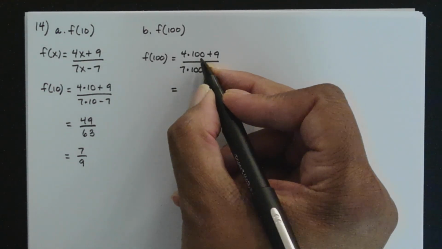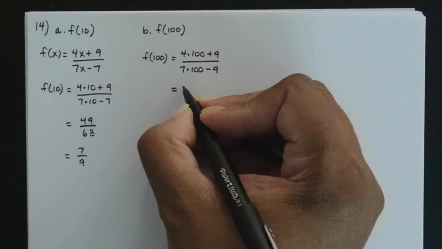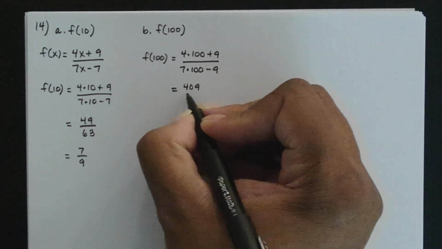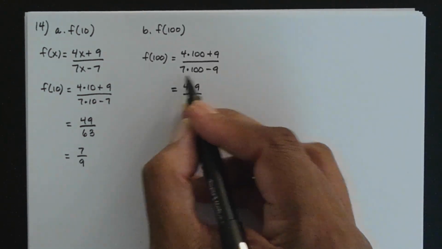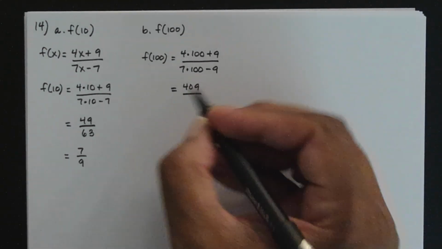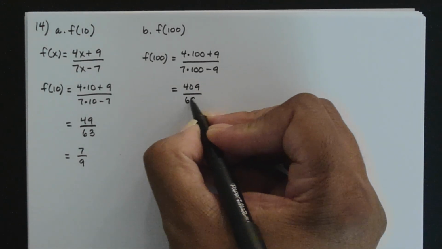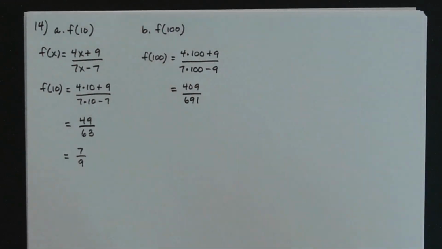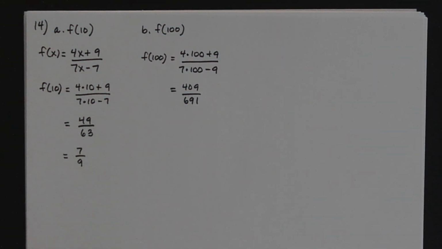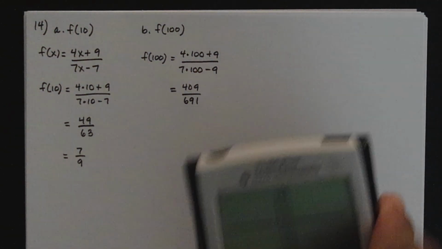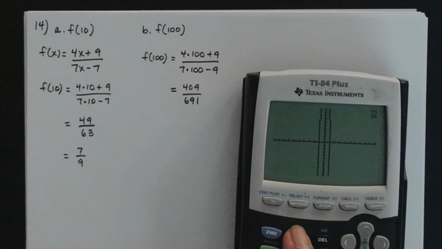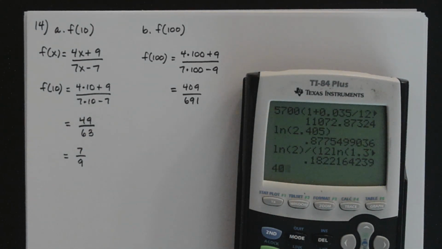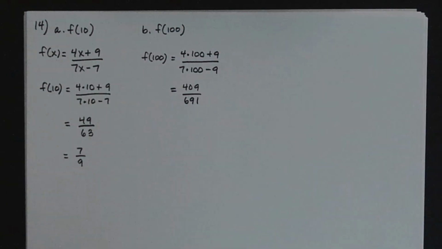So 4 times 100, that's 400 plus 9, it's 409. 7 times 100 is 700 minus 7 will be 693. You're right, 693.